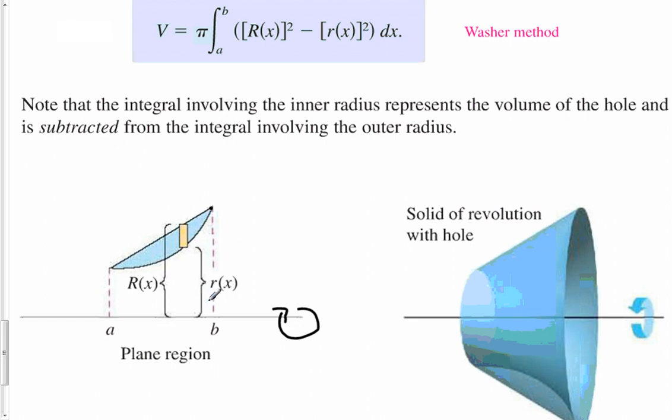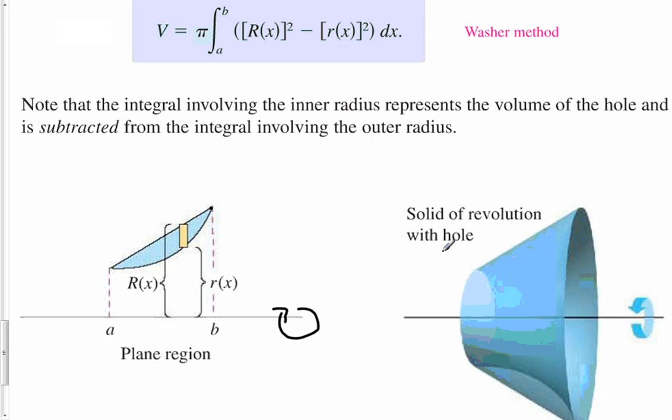Because this is the axis of revolution, there's an inner radius that stops here, which is this bottom function, which looks like some kind of quadratic or curve function. And then the top function, which is the outer radius, is determined by this function right here, which seems to me to be a linear function. So we have an inner radius, little r of x, and an outer radius, capital R of x, to represent this plane region on the interval of the x-axis between a and b.